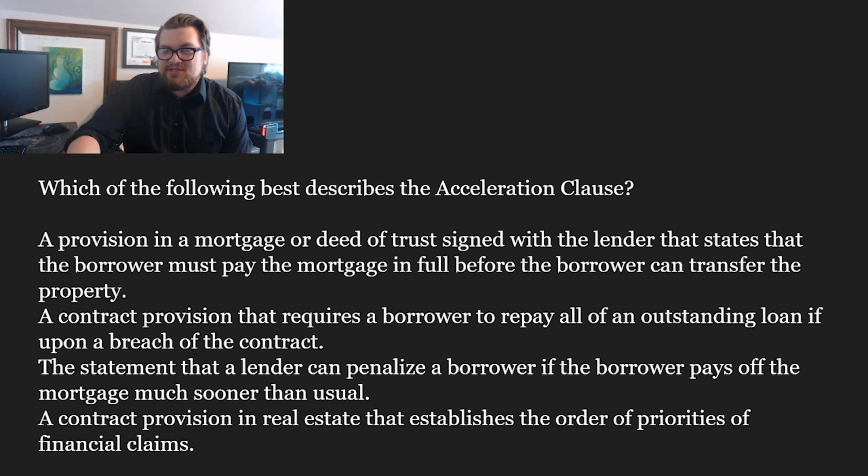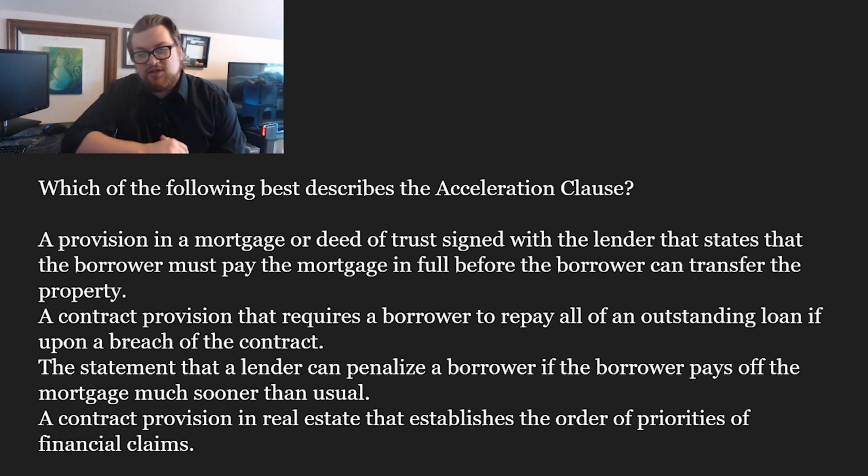All right, next question. Here's a little bit of a bigger one. Okay, so which of the following best describes the acceleration clause? And it gives us 4 options here. I'm going to go ahead and read through them all. Is it a provision in a mortgage or deed of trust signed with a lender that states that the borrower must pay the mortgage in full before the borrower can transfer the property?